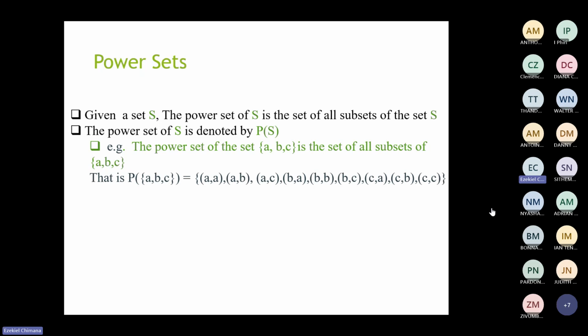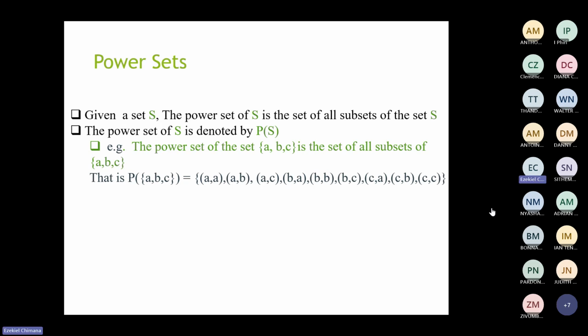Also, on the issue of power set, you have to know that if you are given the set S with A, B, C, that set ABC is also going to be part of the power set.